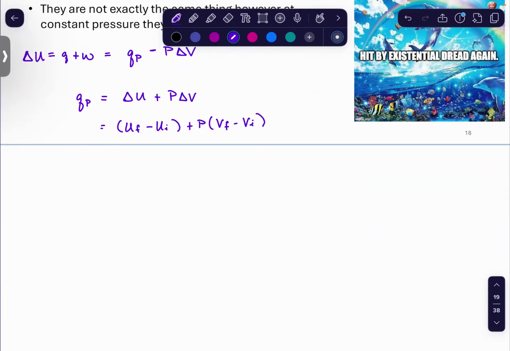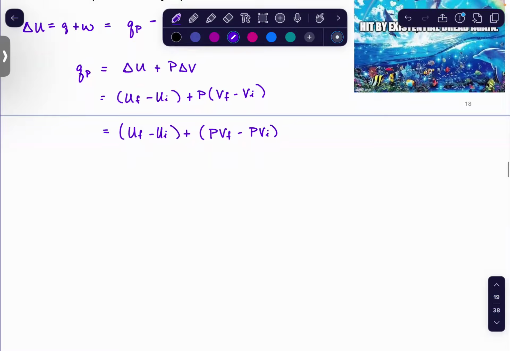Let's see, then that's going to be U final minus U initial, and then we're going to factor the P across. So PV final minus PV initial. So then this is going to be U final minus U initial plus PV final minus PV initial.